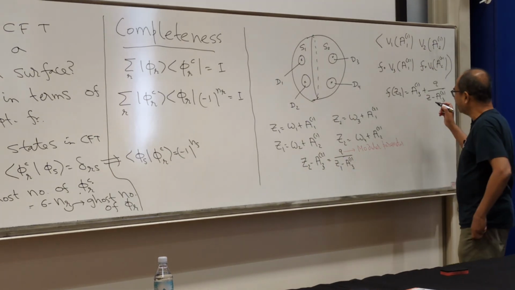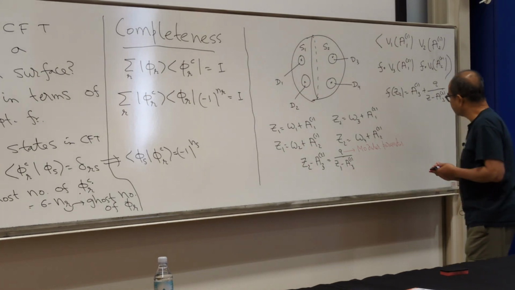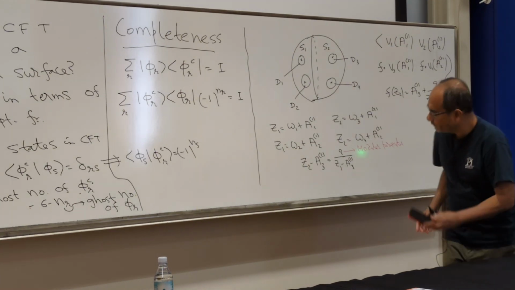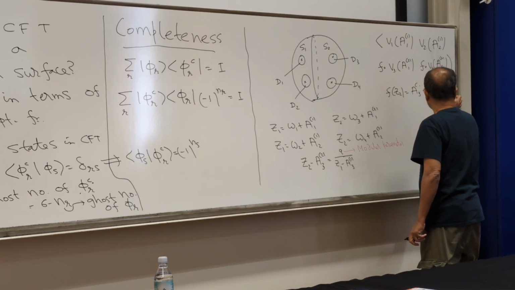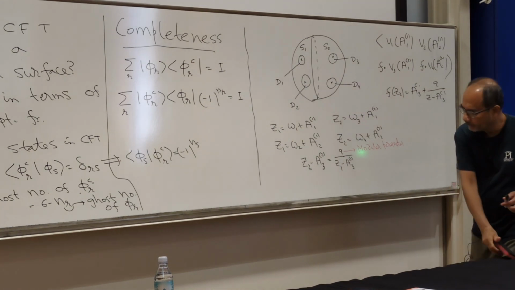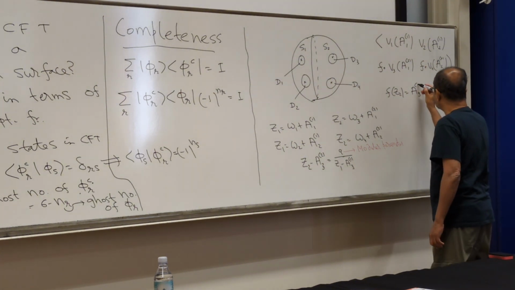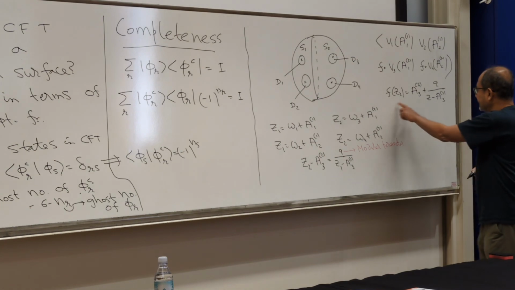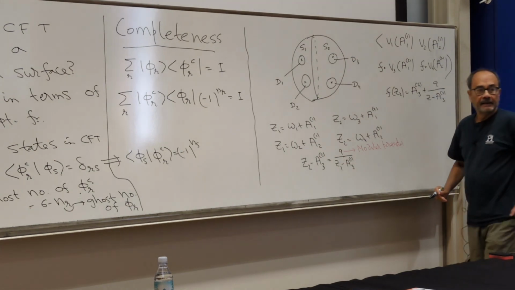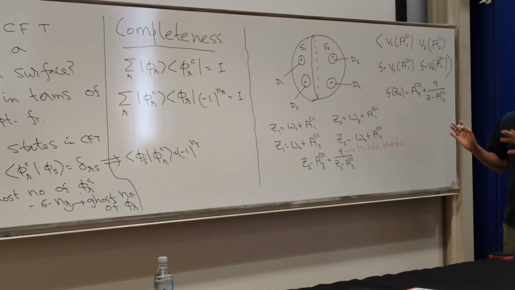That is what I am calling the function F. Okay, this function is the same as this. So this is telling us how to relate Z1 and Z2.